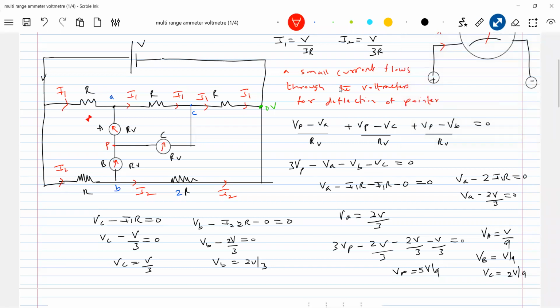The reading of voltmeter. About this word "ideal", you have to be careful. Whenever they ask the reading of the voltmeter, even if it is ideal, you have to assume that a small current flows, so there will be some deflection.